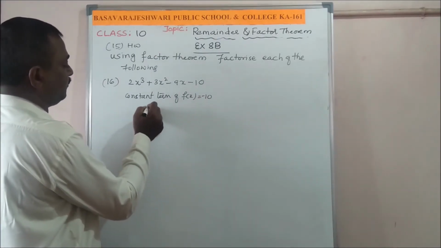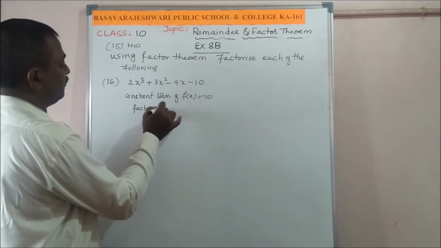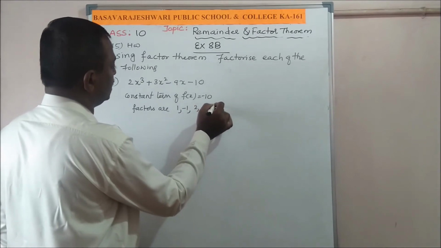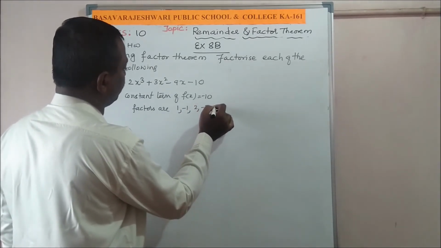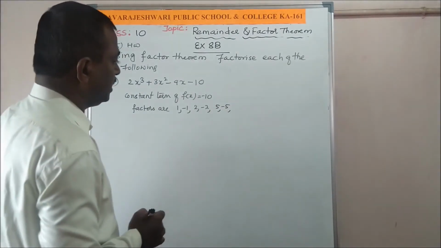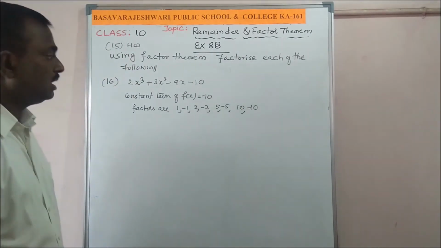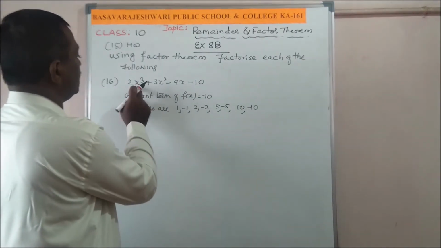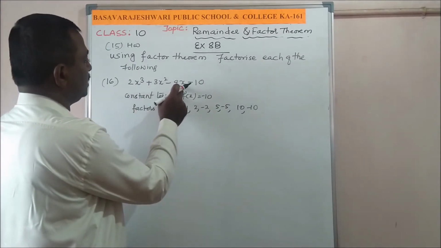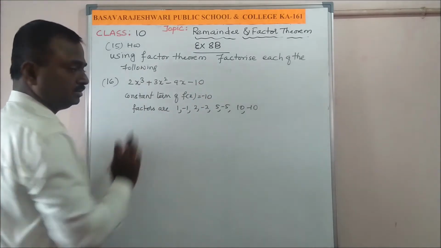So the factors are 1, minus 1, 2, minus 2, 3, 4, 5, minus 5, 6, 7, 8, 9, 10, minus 10. Correct? Suppose if I take 1, this becomes 2, 5, this becomes 9, so it will not go.